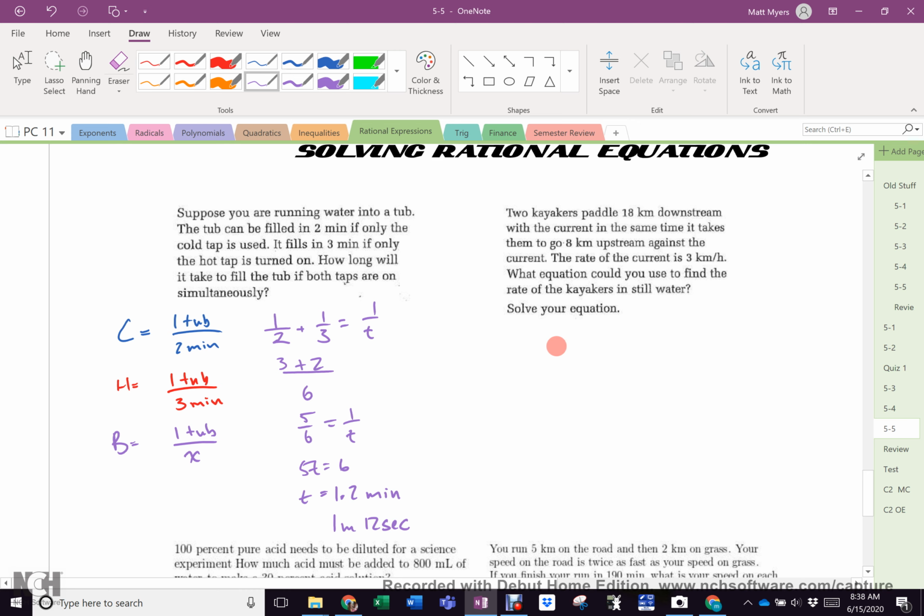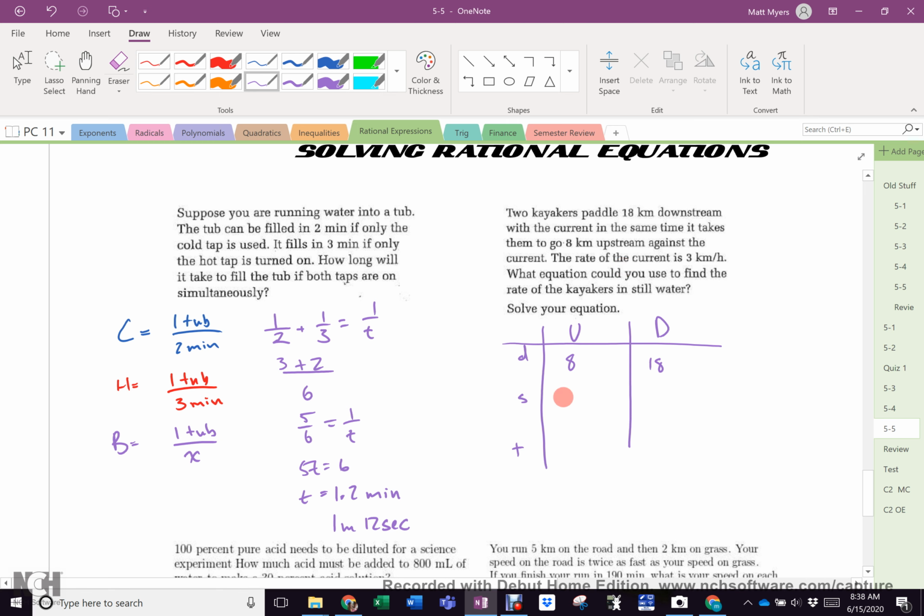Let's do the paddlers. Remember, since it is a distance question, you have a distance, a speed, and a time. And you have upstream and you have downstream. So the distance, they paddled upstream 8 kilometers and they paddled downstream 18 kilometers.